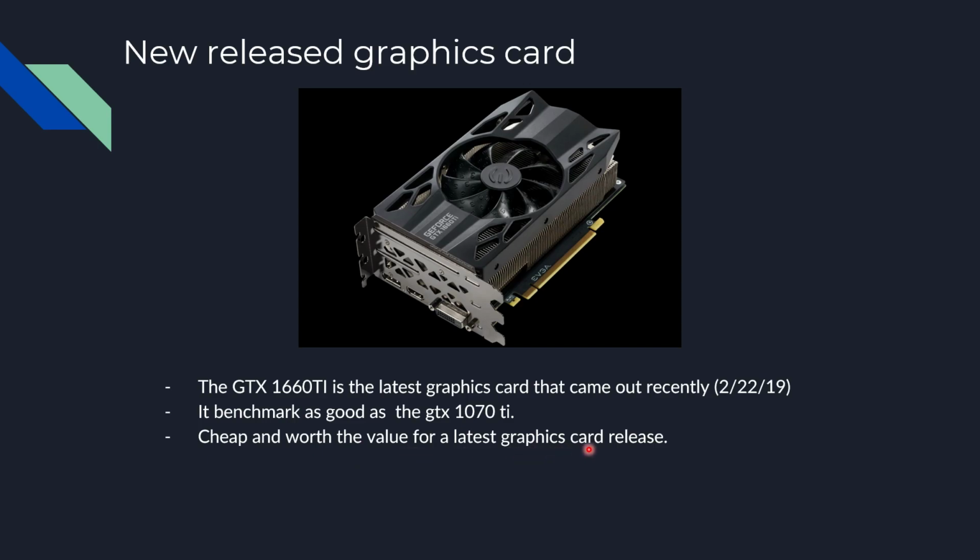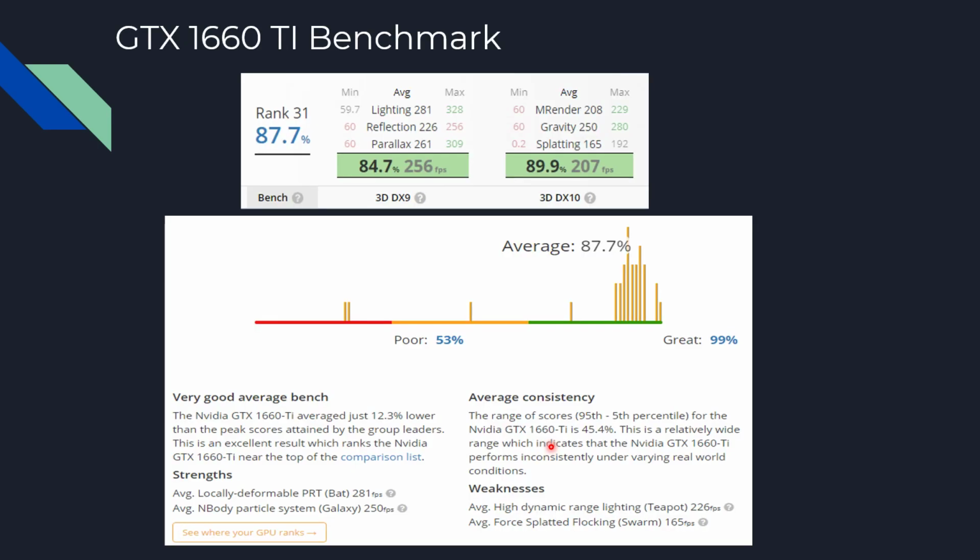I would recommend users to upgrade if they have a graphics card lower than the 1000 series to a 1660 Ti, as it benchmarks better than the GTX 1070 Ti. I believe it costs around 300 or 350 US dollars.